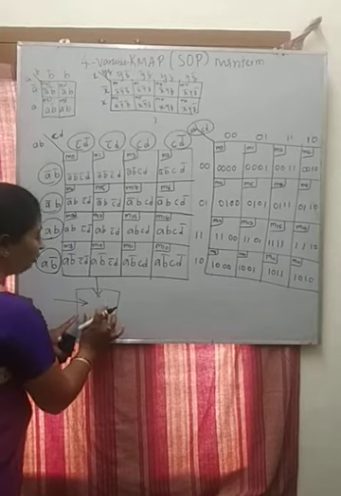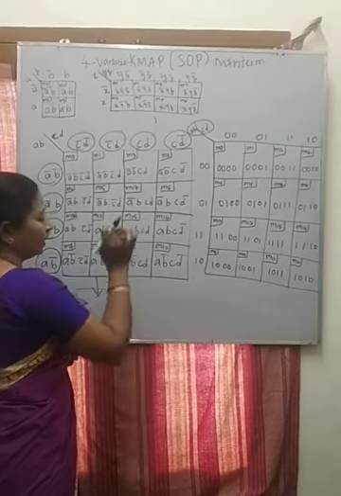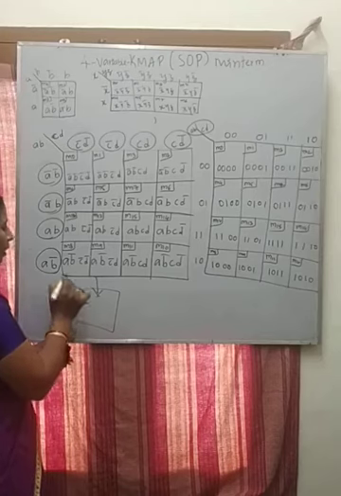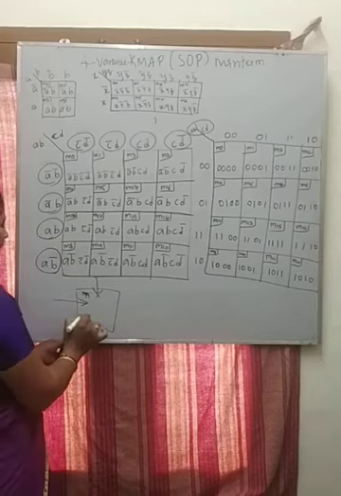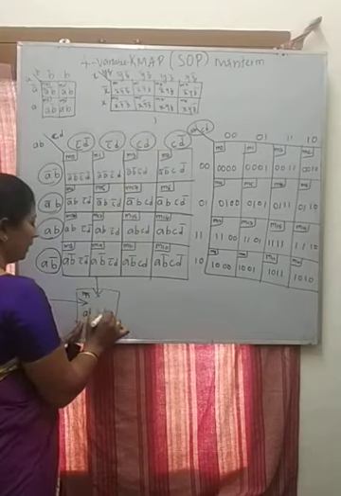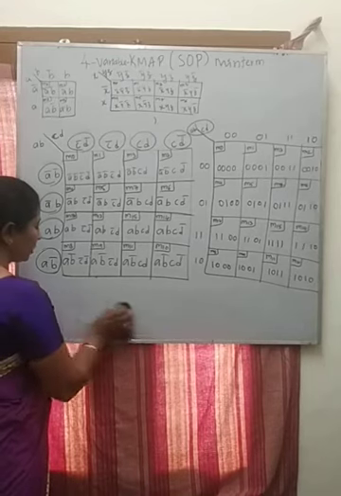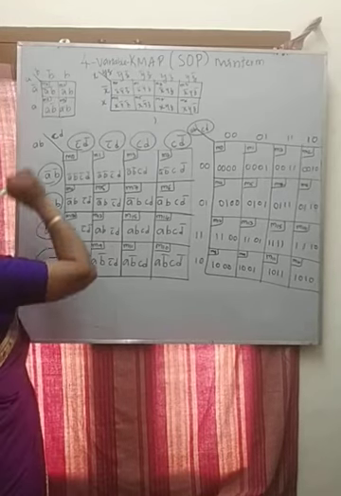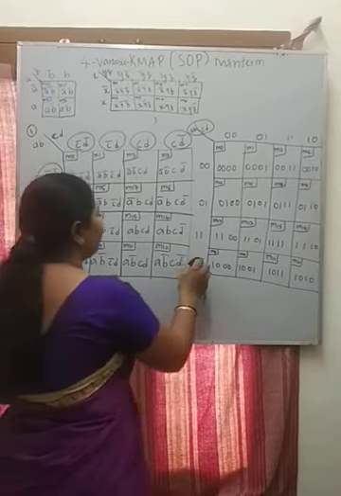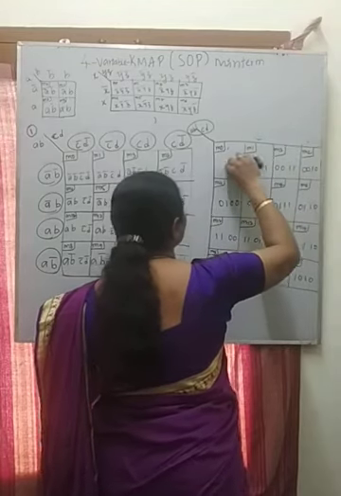For M15, what is there? AB is the row heading. Column heading is CD. This you need to remember. Once you know this, first you need to write this chart while solving the problem. Then you can go for another. That is your second one.